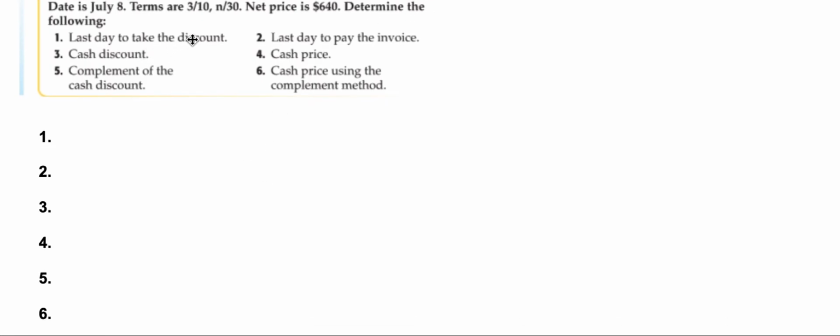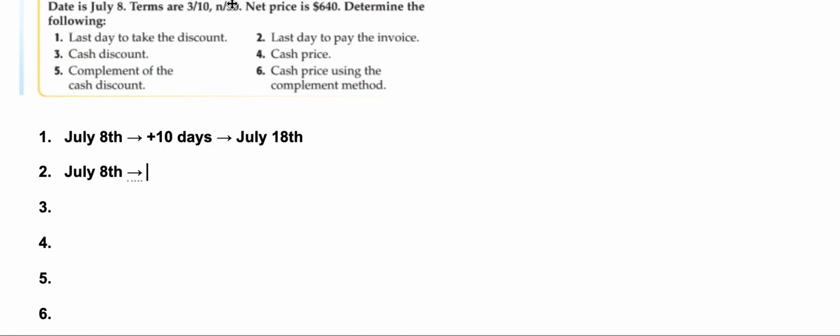So first thing, the last day you can take the discount. If I have my invoice for July 8th, the last day I can take the discount is 10 days later, which becomes July 18th. Our second one, the last day to pay the invoice. So we start with that original invoice date.